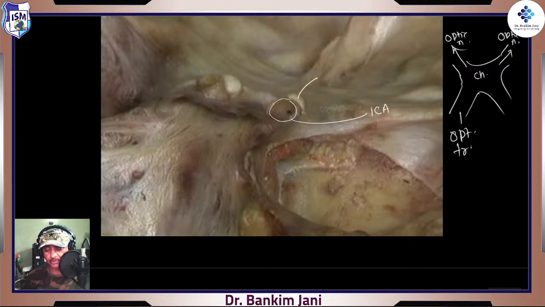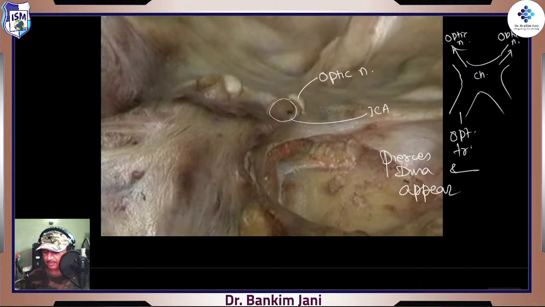This above is the optic nerve, and from the internal carotid artery, because this is where it pierces the dura, it emerges beneath the optic nerve. Very important point. It pierces the dura and appears beneath, or under, but beneath is more precise, the optic nerve.